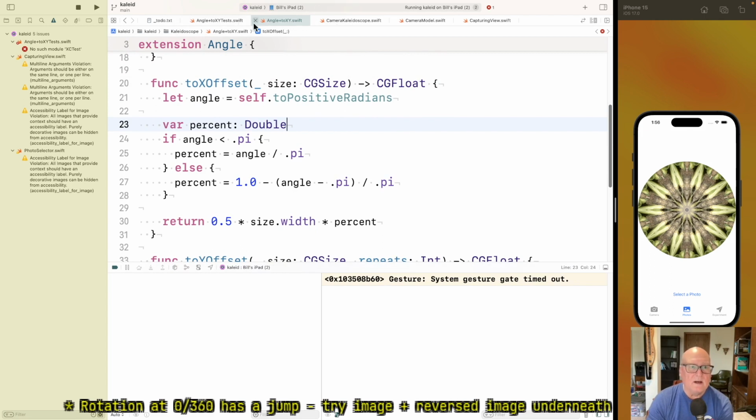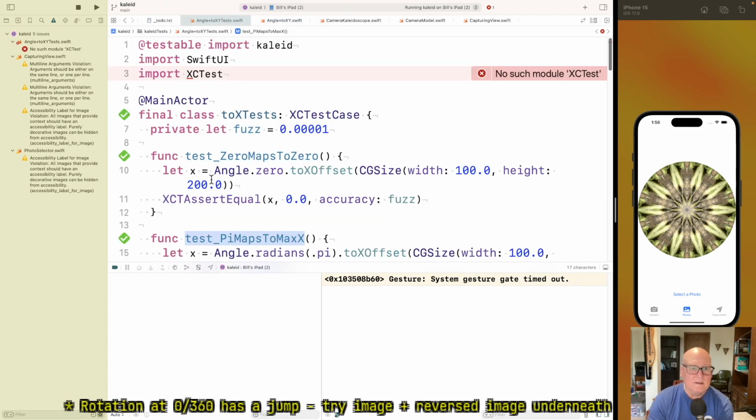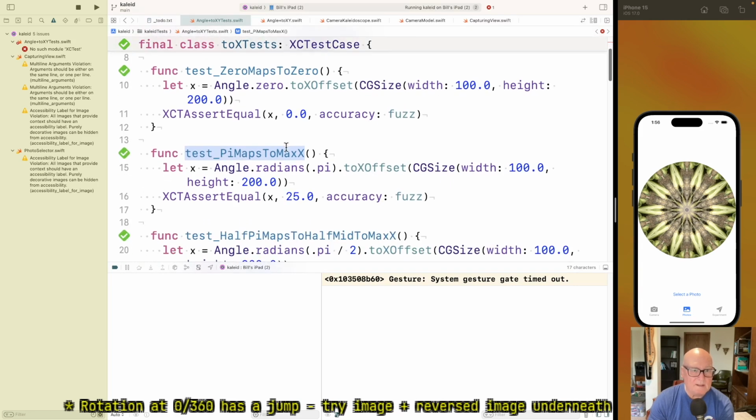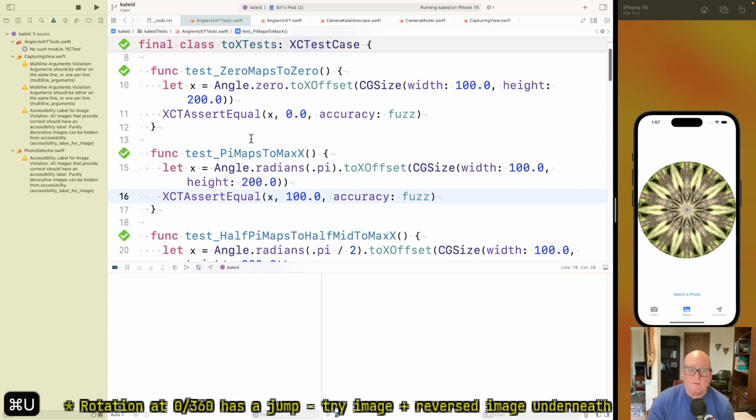So I think we want to say 0 maps to 0. We want pi to map to max x, which is 100. Okay, so I'm just going to run. I'm saying the first two tests should be right. We haven't tested them.